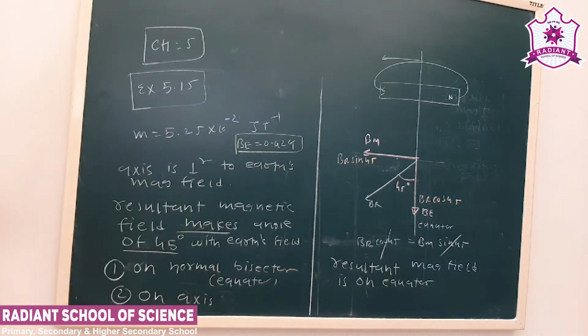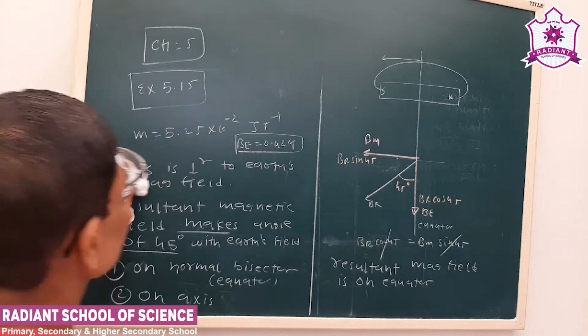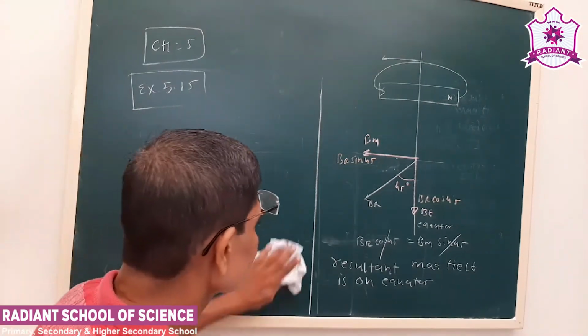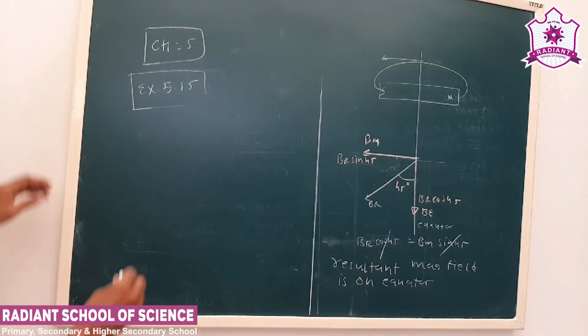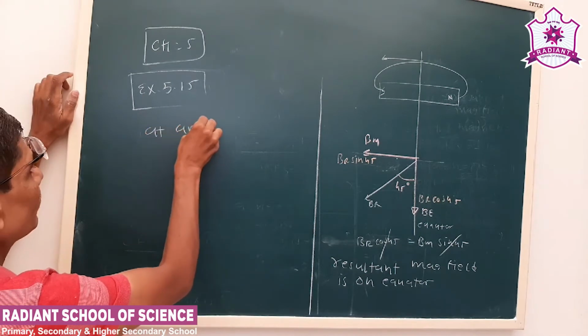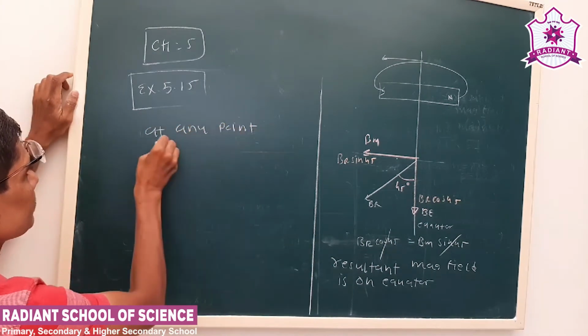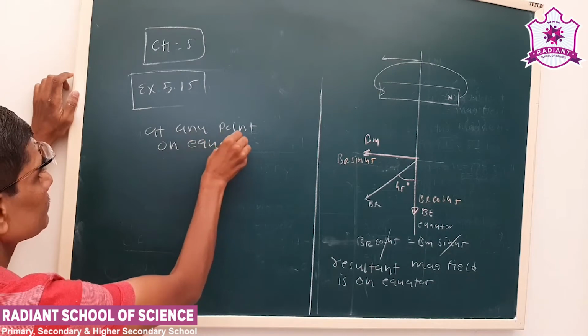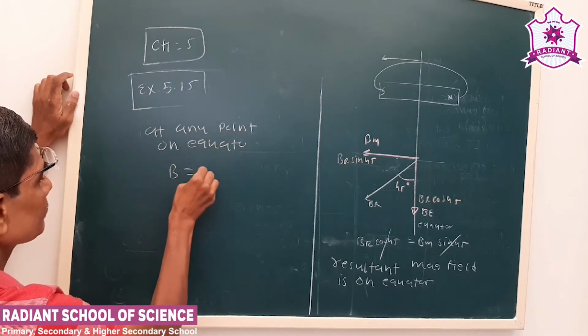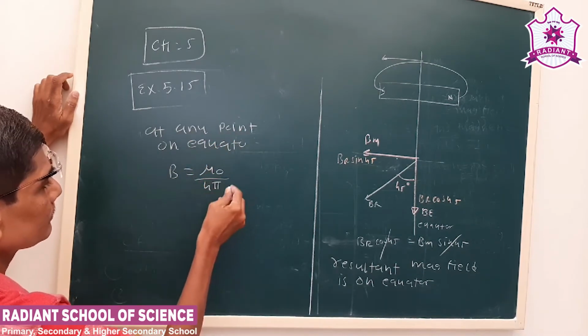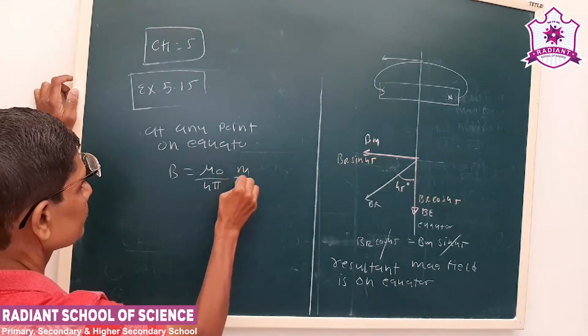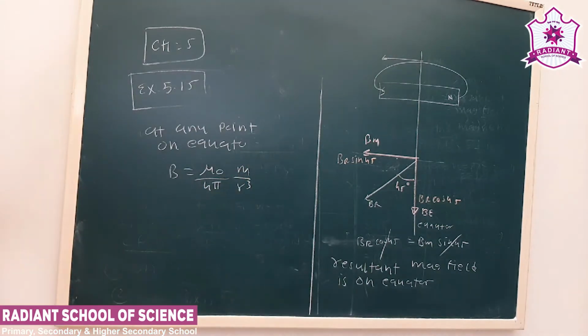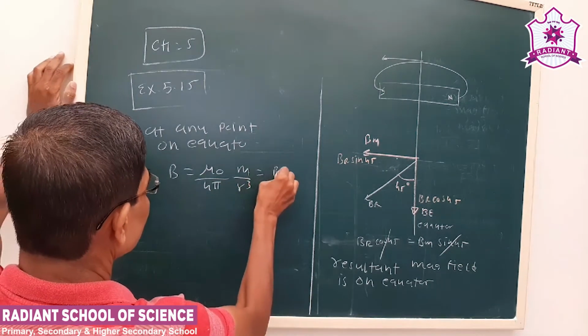Okay, so we have to use the formula for the magnetic field on the equator at any point. M upon r cube should be equal to the magnetic field of the earth, that is BE.